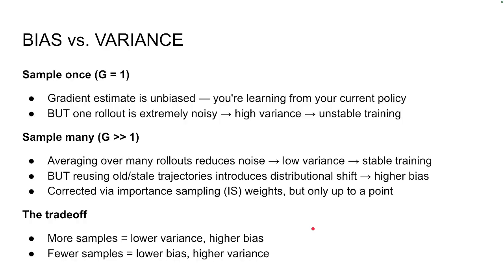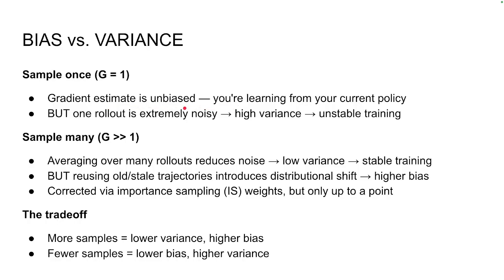Now, another important concept in reinforcement learning is bias versus variance. If you're sampling a small number of responses or one response, then your model will be really good at estimating those responses, so you will have low bias, or you will be unbiased.